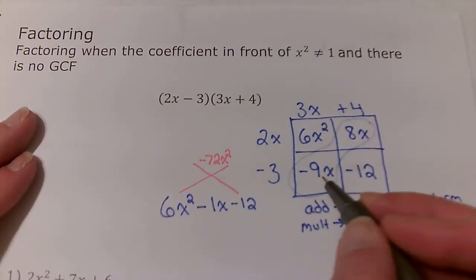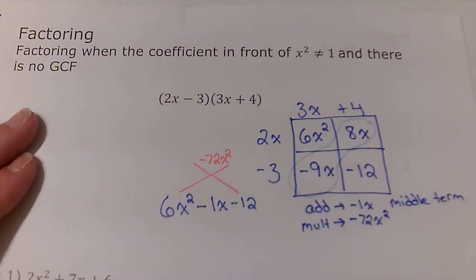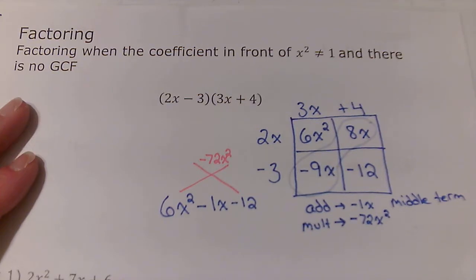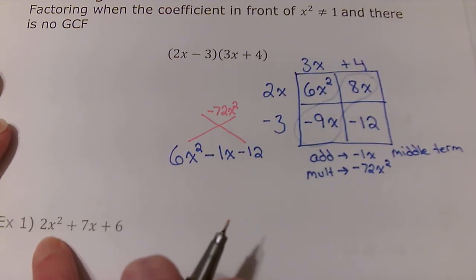That's the same thing that negative 9 and 8 multiply to be. They multiply to be a negative 72 too. So I like reversing the process on the multiplication box when I have a coefficient in front of my x squared.